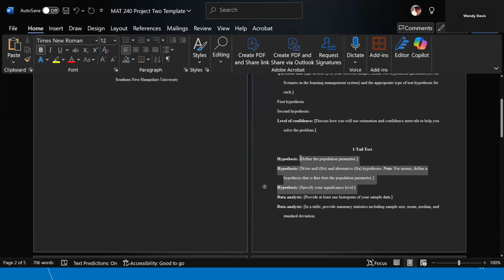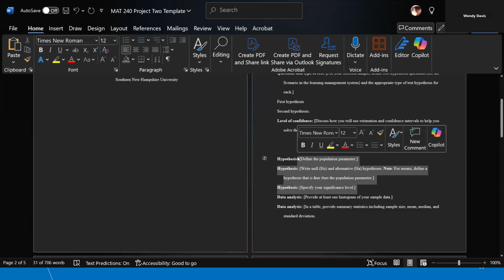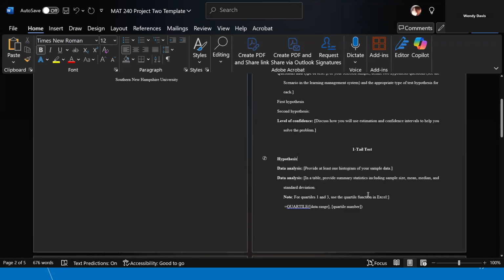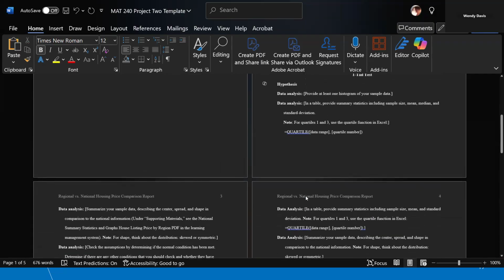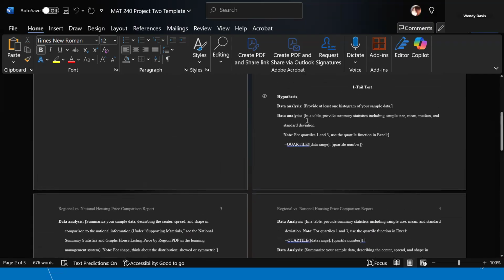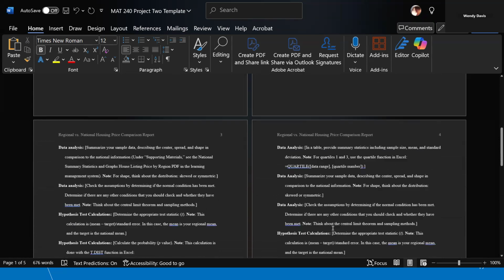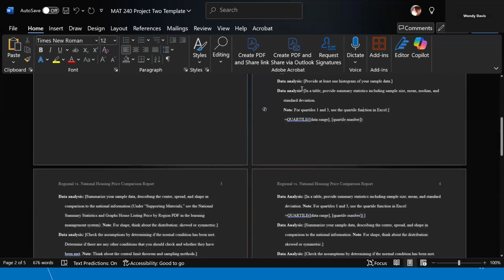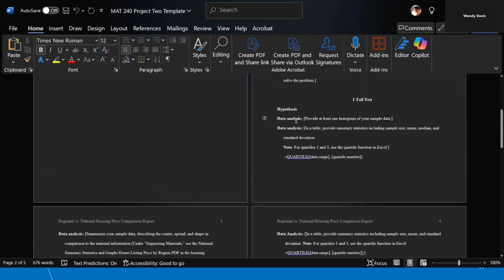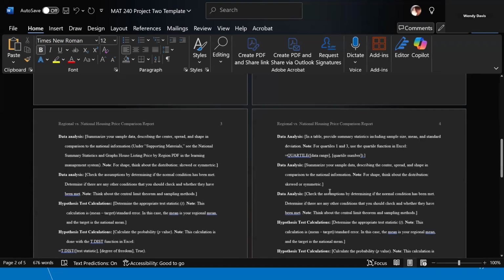Delete all that. All those extra hypotheses is extra. Same thing with data analysis. There's no need to have data analysis typed so many times. So just have data analysis as one little thing here.